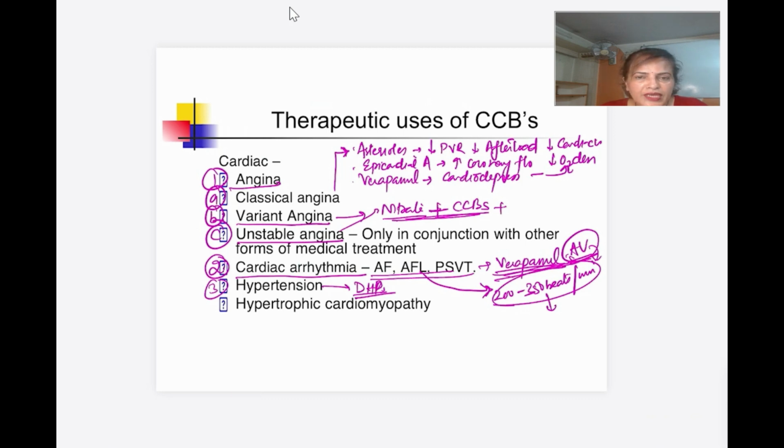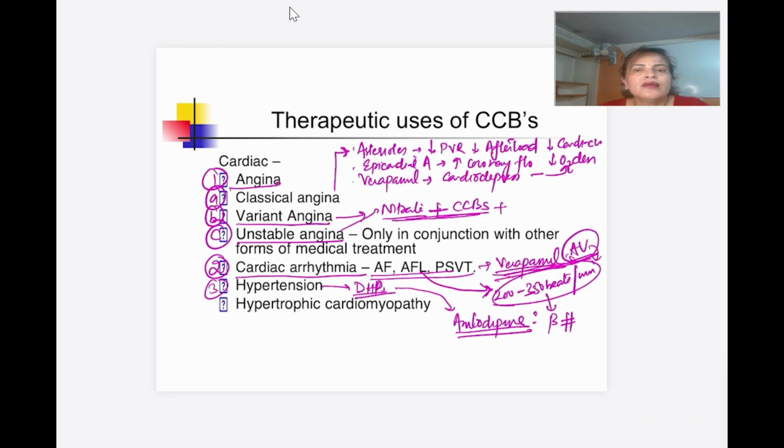So we can use dihydropyridines for hypertension. Amlodipine is very commonly used as an antihypertensive.